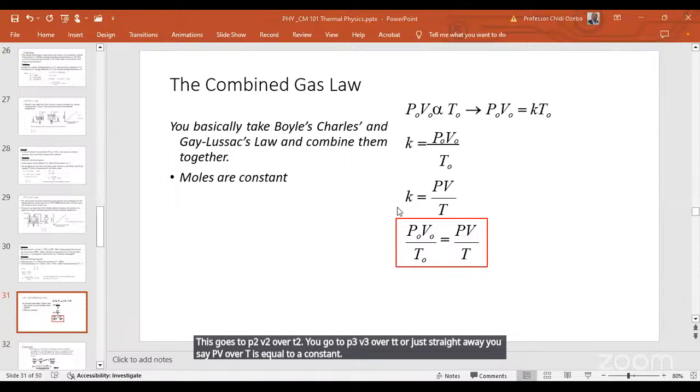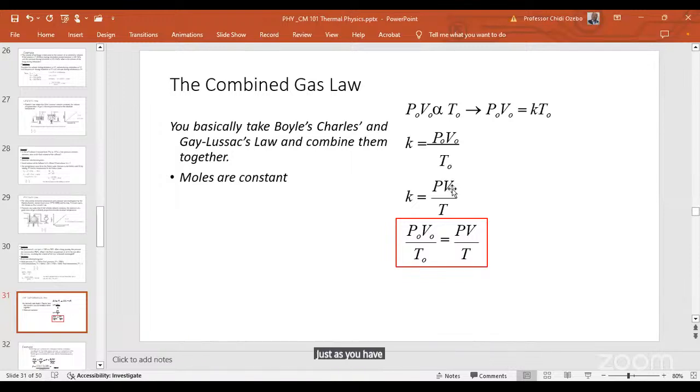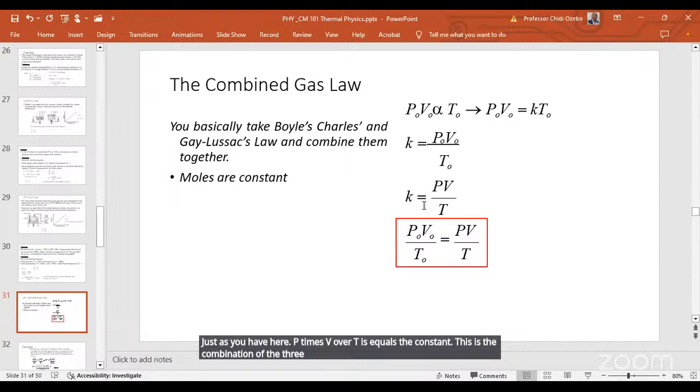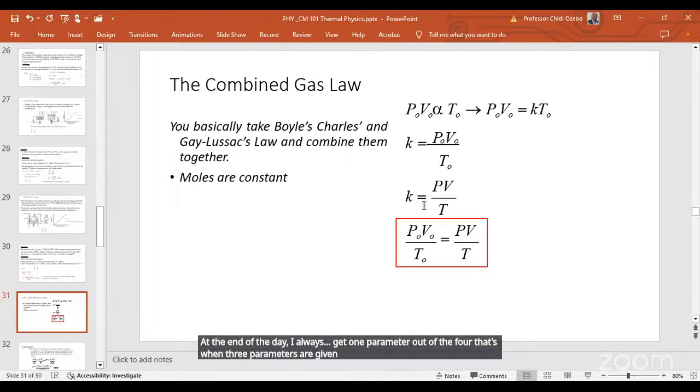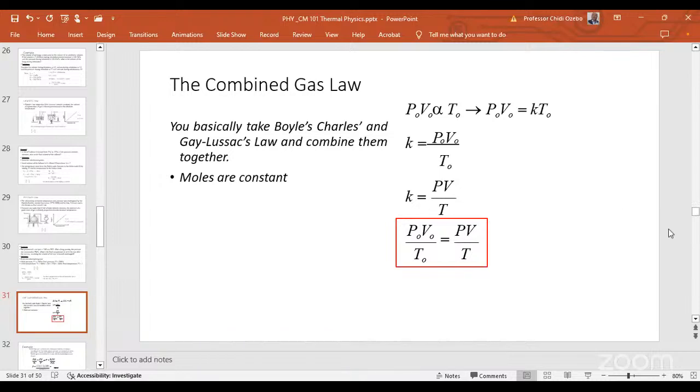Just as you have here, P times V over T is equal to a constant. This is the combination of the three laws. So at the end of the day, you can always get one parameter out of the four, when three parameters are given. Then the unknown can always be looked out for from this expression.